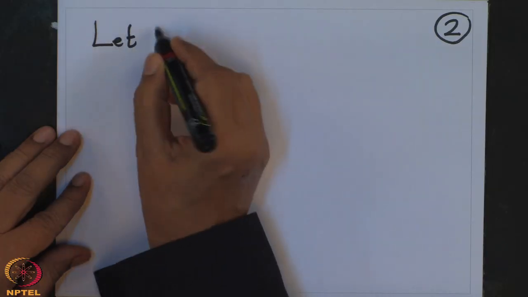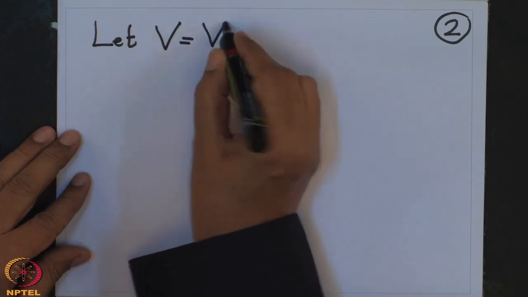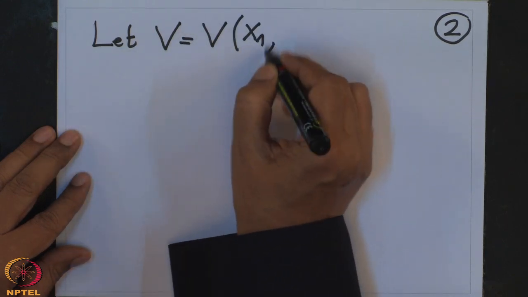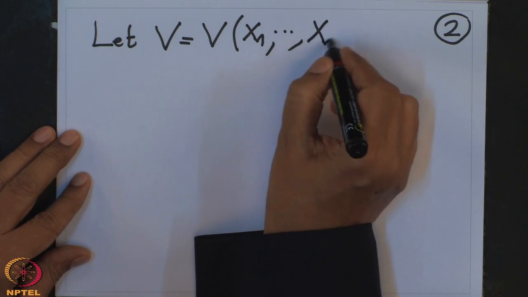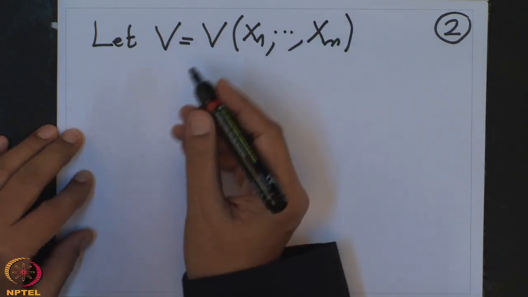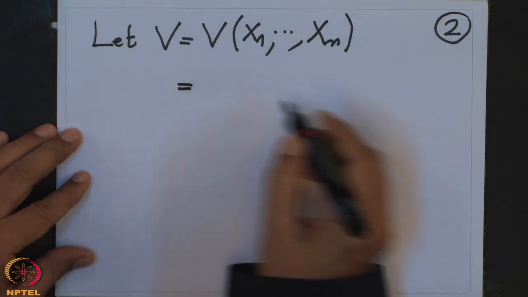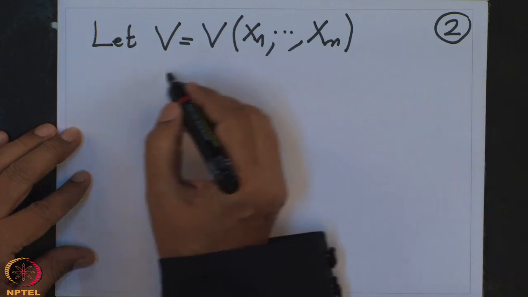Now, I consider this. Let V, which is V of x1 to xn. You will see why I have chosen the name V. This is precisely Vandermonde's determinant.